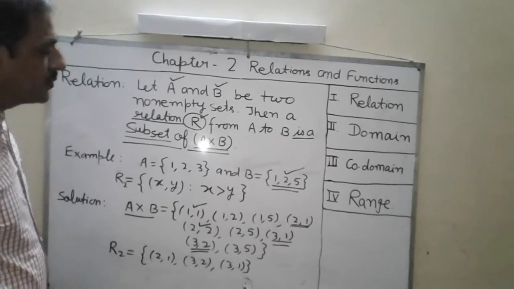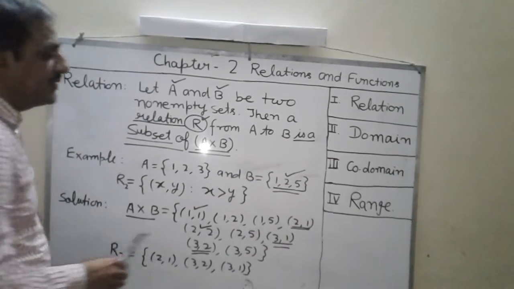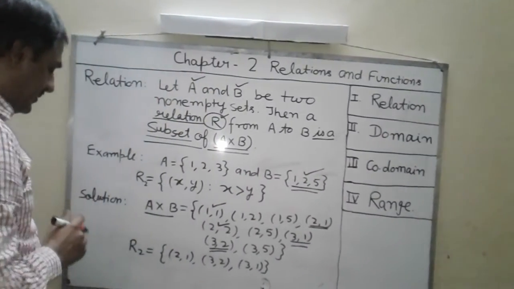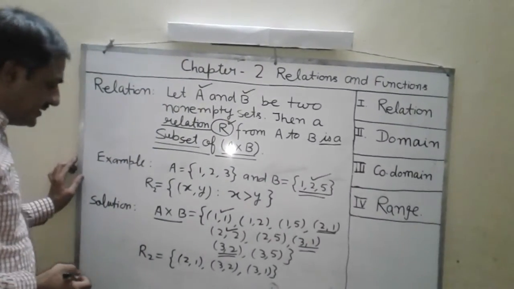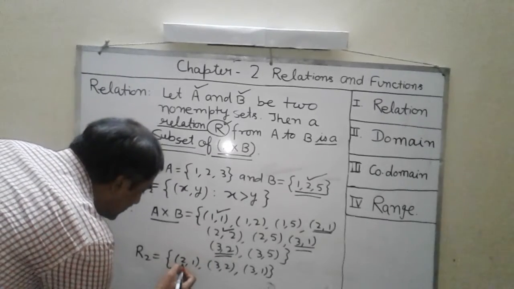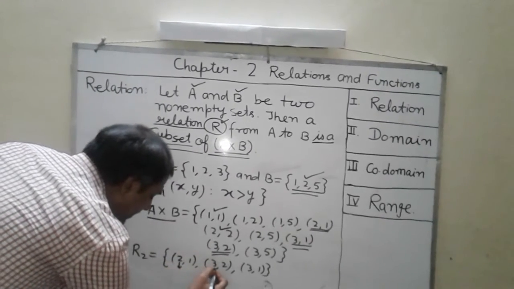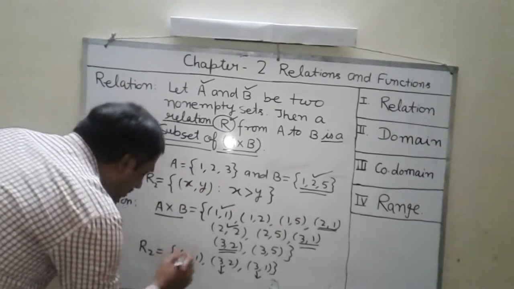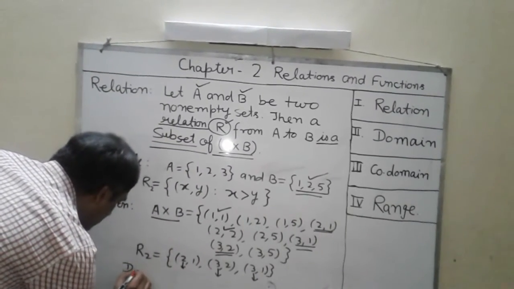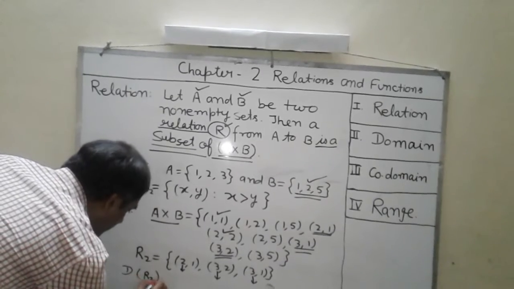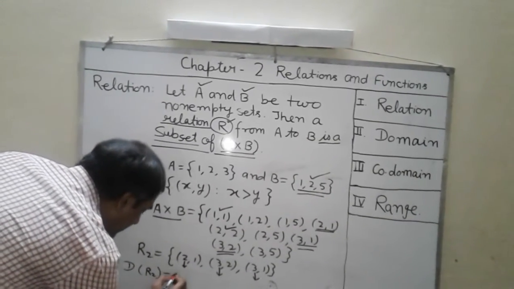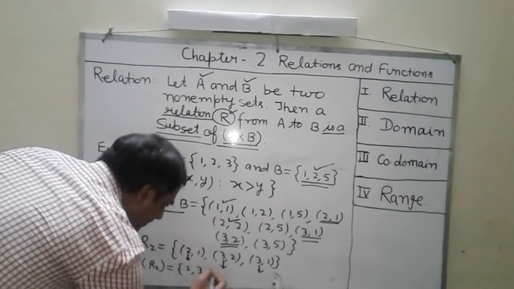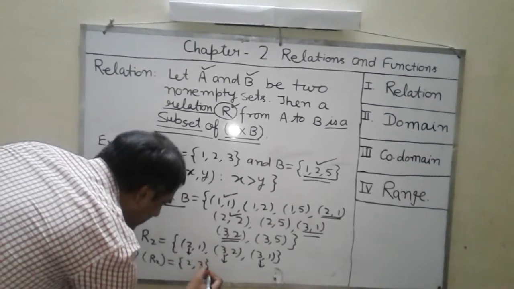Now I am coming to the next point, domain, codomain and range. What is the domain of the relation? The domain of the relation is the first element of each and every ordered pair. Here the domain of R2 is 2, 3, 3, so we will write 3 only one time.